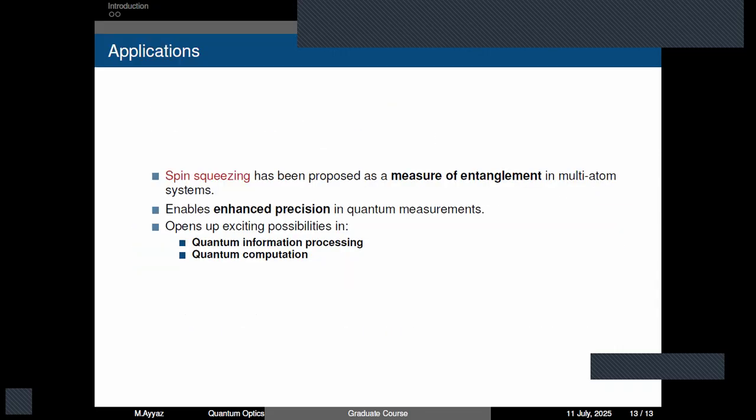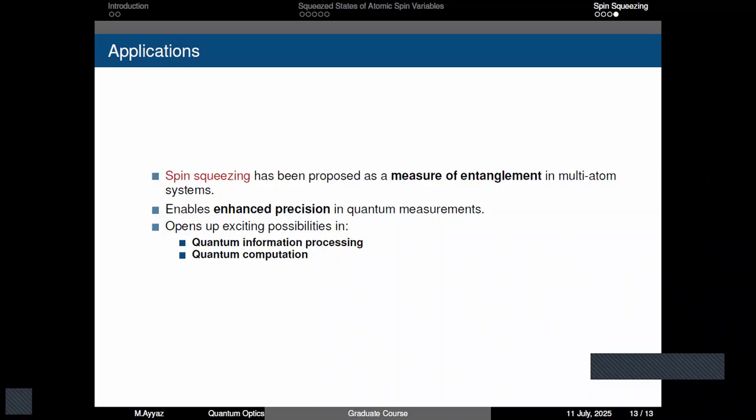This idea has many applications as it could be used as a measure of entanglement. If we can observe some kind of squeezing in collective spin, we can say that there is entanglement in the atoms that we have generated or aligned.